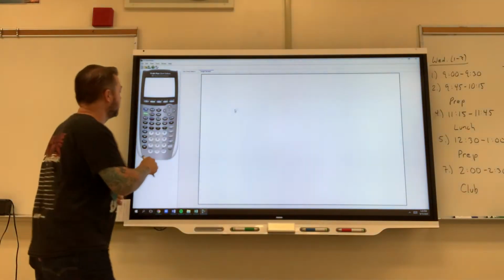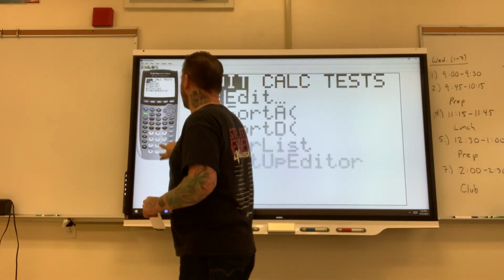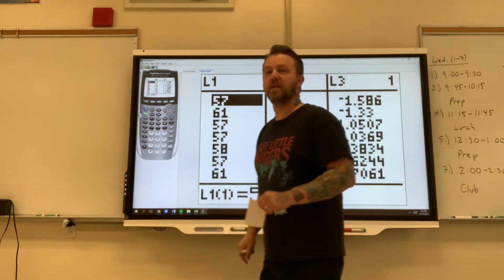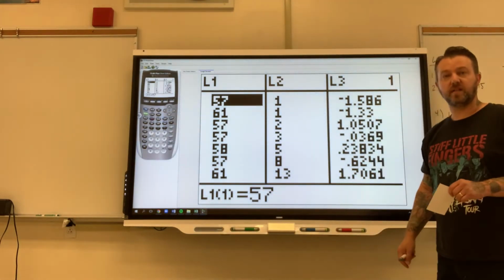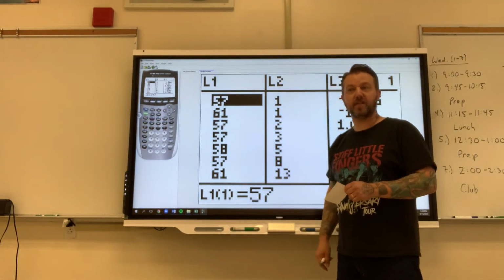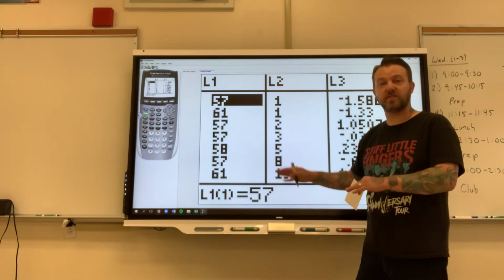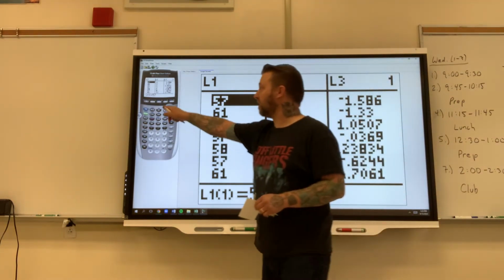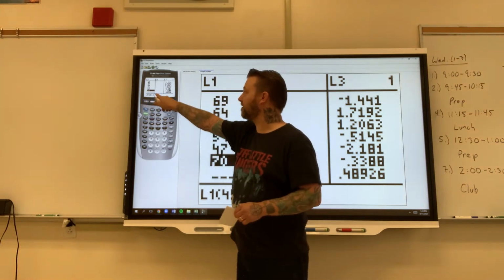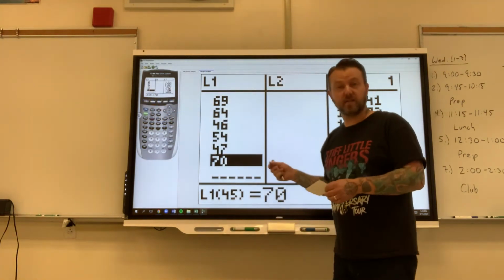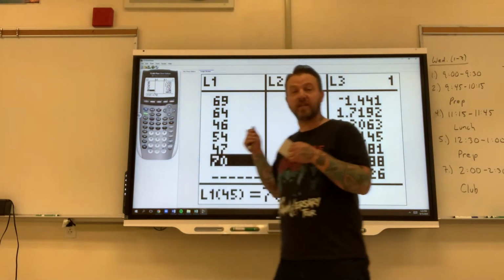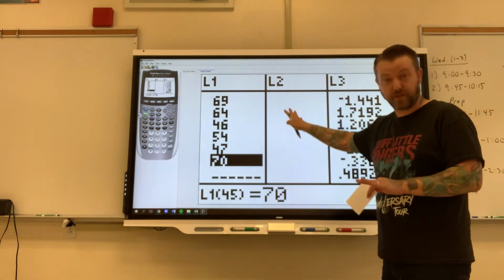So I've got some data in my list 1. I have the age at inauguration of all 45 presidents so far. We don't have a 46th president yet. The 45th was 70. The 44th president was 47 at inauguration, the first inauguration.